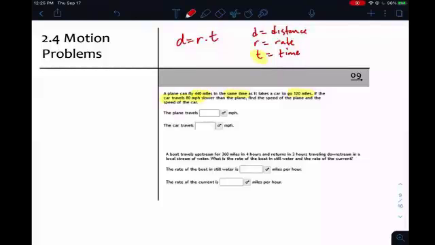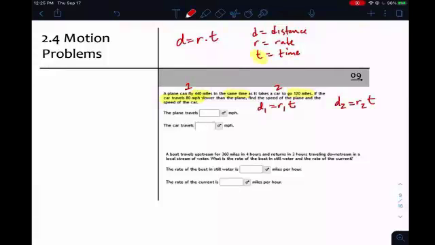If we take this information and express what we're looking at, we have two different scenarios. I'm going to call the plane number one, and the car scenario two. So I have distance one equal to rate one times time, and distance two equal to rate two times time.